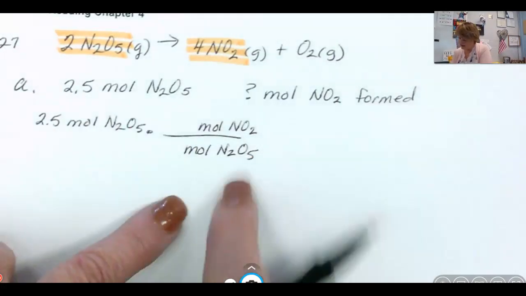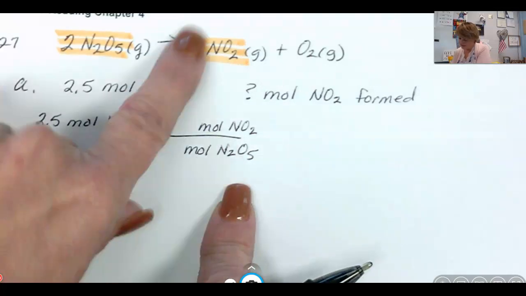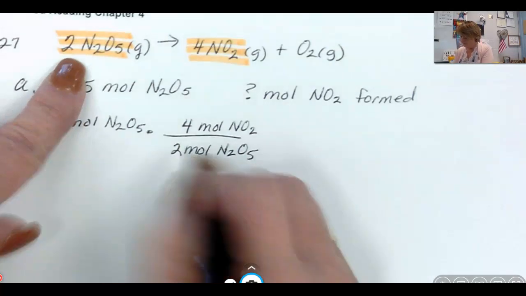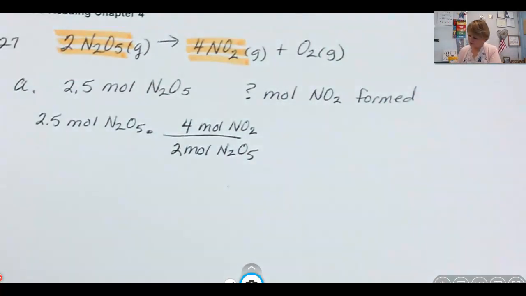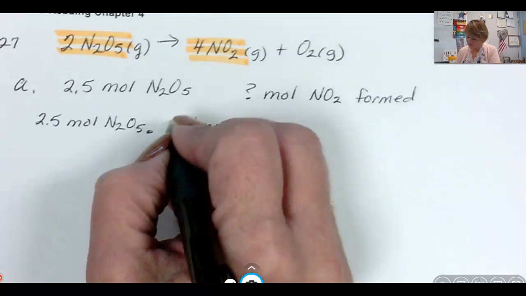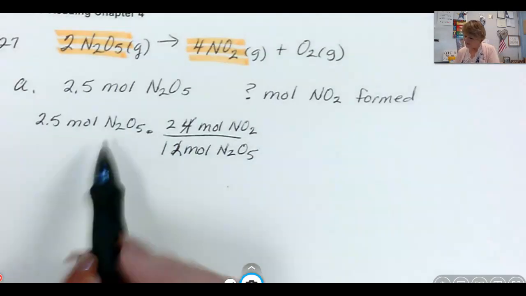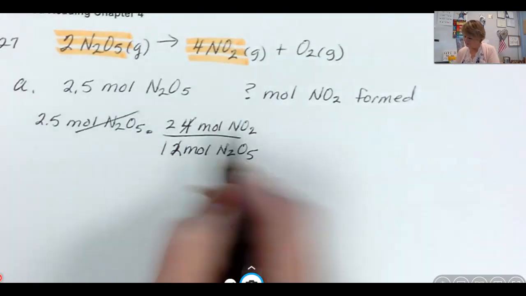Then come back up here and just double check. This is a 4. This is a 2. Now you are welcome at that point, if you want to, to do a 2 to 1. I would probably put the 4 to 2 down and then do your 2 to 1. But I've already got it in moles.